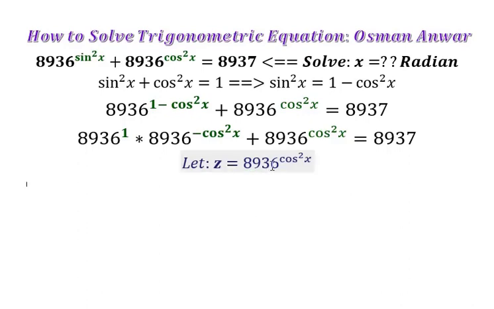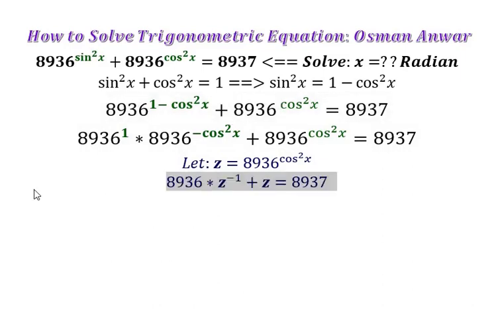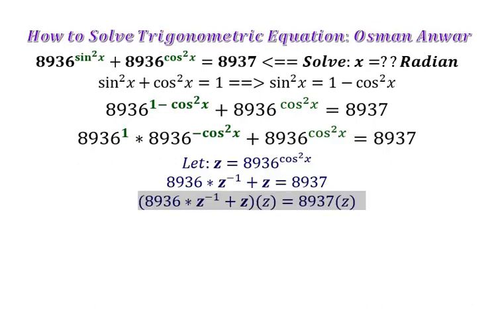Now let's introduce a new variable z, and z is equal to 8936 to the power of cosine squared x. So this becomes 8936 times z to the minus 1, plus z, equals 8937.